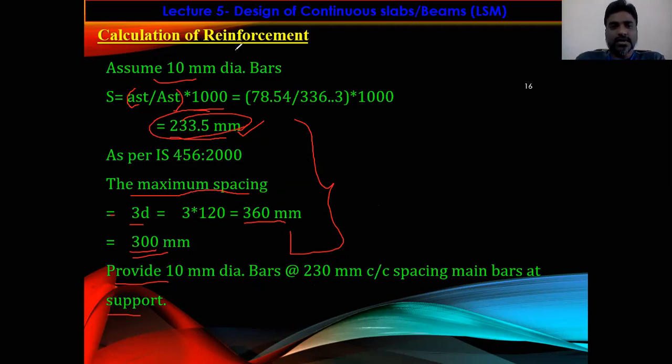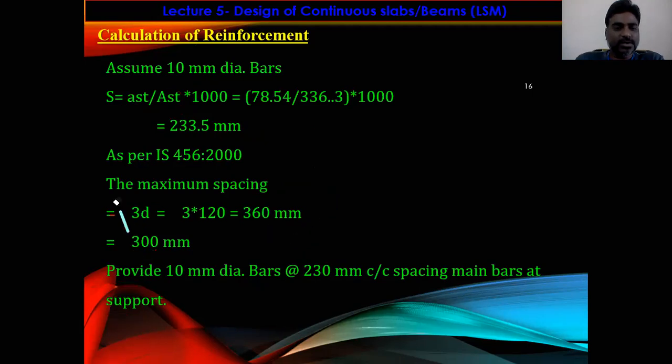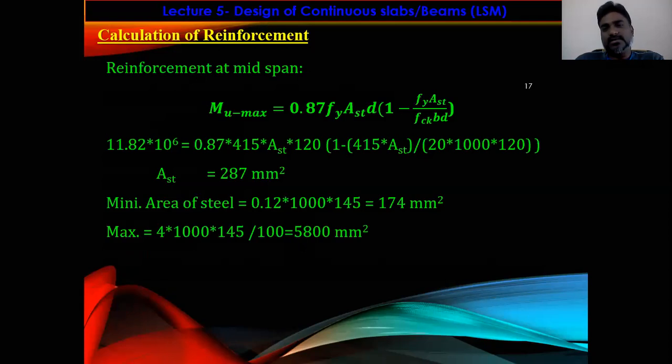So therefore, after calculating the reinforcement at support, similarly you need to calculate the reinforcement at midspan also, because the bending moment is different for supports and midspan. So here also same thing, you can use the same formula for determining the area of steel. This formula, and substitute the values. So at midspan the bending moment is 11.82 into 10 power 6 Newton millimeter.